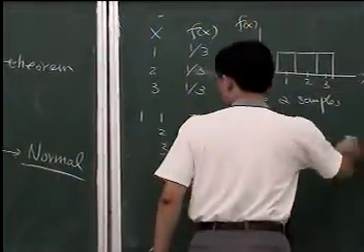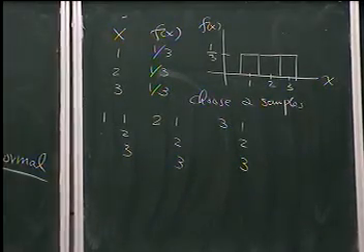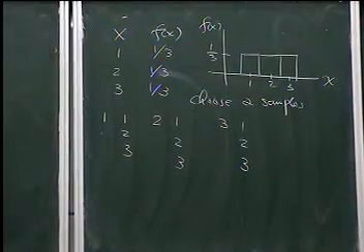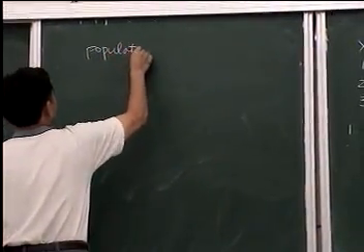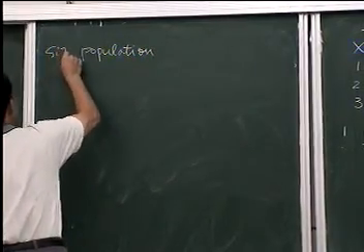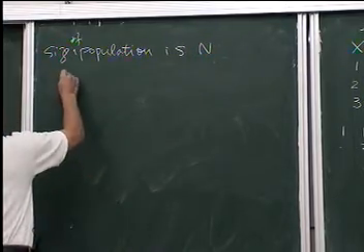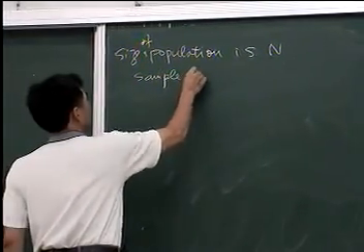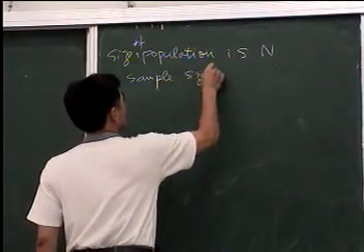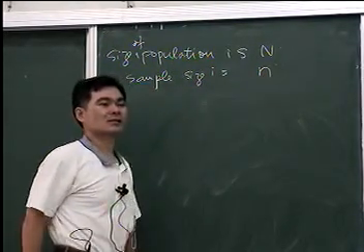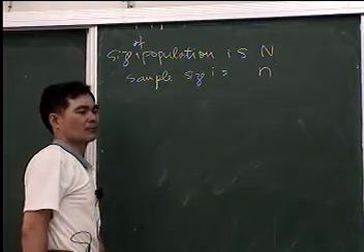Remember, we say that if the size of the population is n, and the sample size is n, and we say sampling with replacement, then what's the number of different samples?